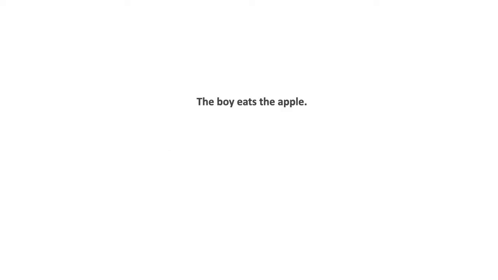And I'm just going to start by reminding you of what we did last class with this sentence: the boy eats the apple. So we were basically dividing these types of sentences in three elements: subject, verb, and direct object, right? And the subject here is, of course, the boy, right?